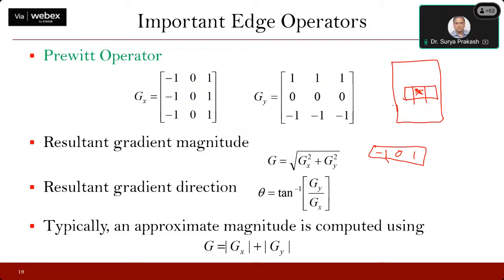To compute this change, one option is that you consider this intensity and this intensity and subtract. That means you just consider this kind of operator or filter. Now, you can also do one more thing: if you want to compute the change here, don't compute the change only here. You also compute the change in this pixel with respect to this one here.